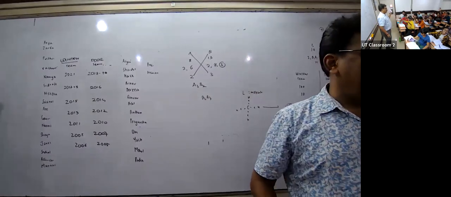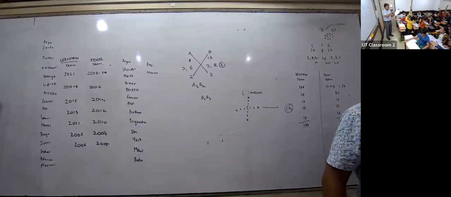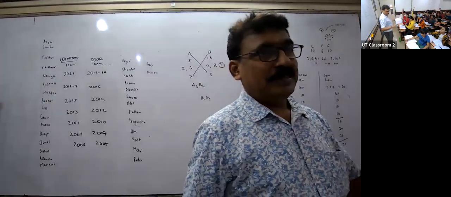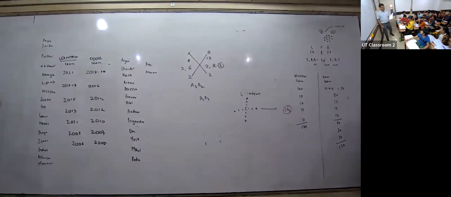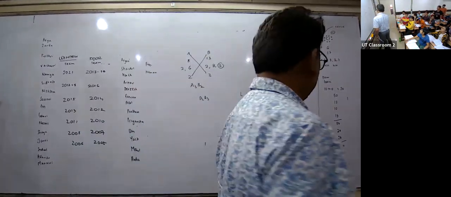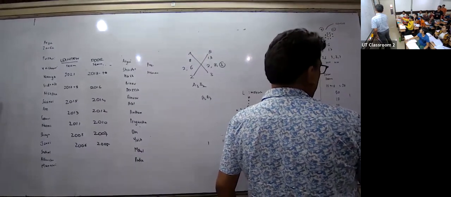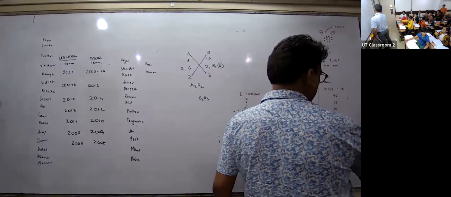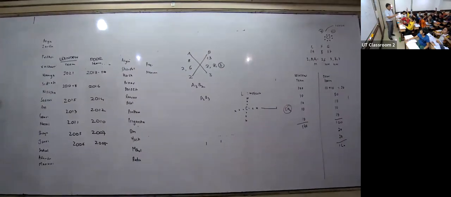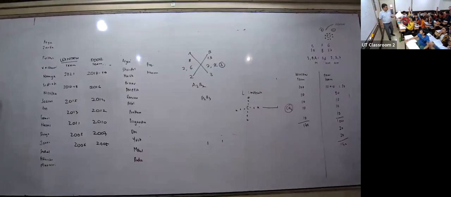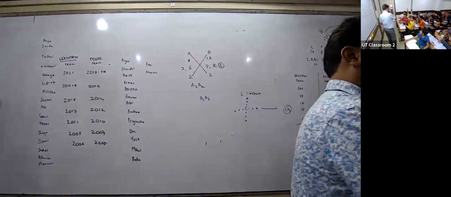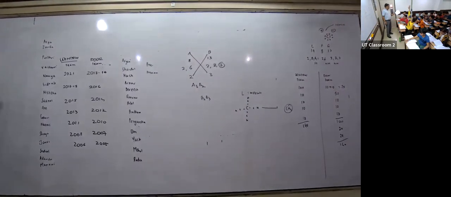Okay. Match the column. 2010. Each question 5 marks. Match column A with B. Sodium chloride.